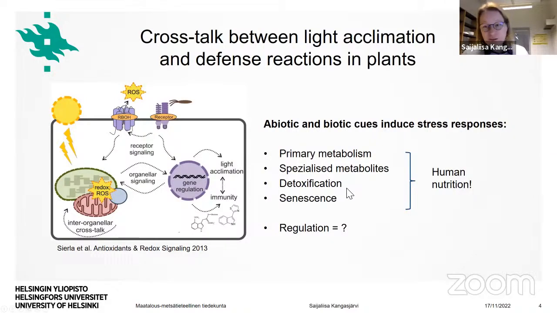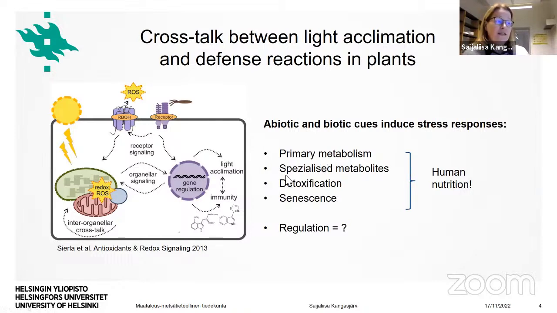All kinds of detoxification and quenching systems are activated, but sometimes also senescence or aging processes and cell death. All these components have a huge impact on human nutrition. So through these processes, environmental stress can really deteriorate the quality of our food.